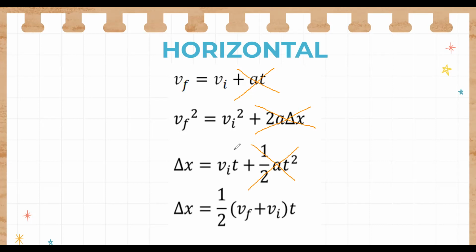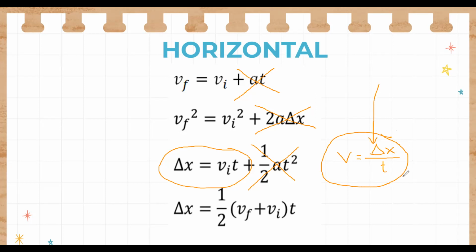So if we take, for example, this formula right here and isolate for our velocity, we're definitely going to end up getting our velocity equals our change in position over time, okay? Which is the general definition for our velocity. All right. So in a nutshell, this would be the formula that we're going to be using for our uniform motion.